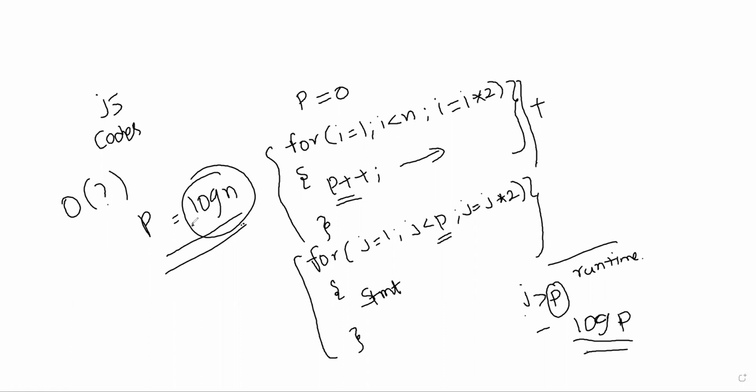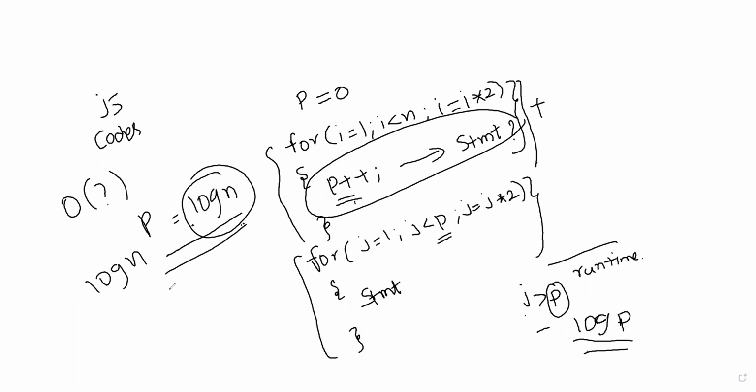Okay. So this statement alone, how many times does it get executed? It gets executed log n times, correct? Yes. So that means this p value gets executed log n times.